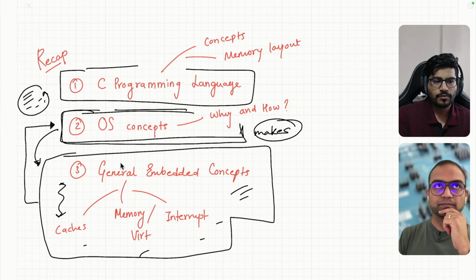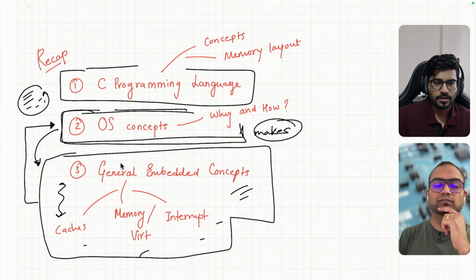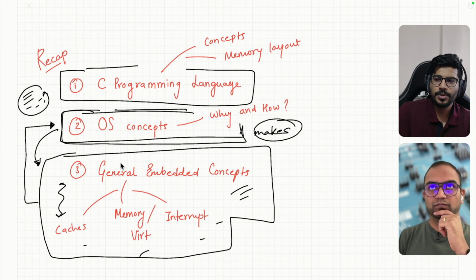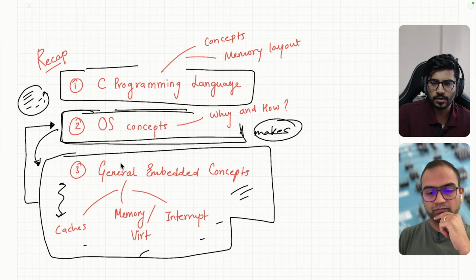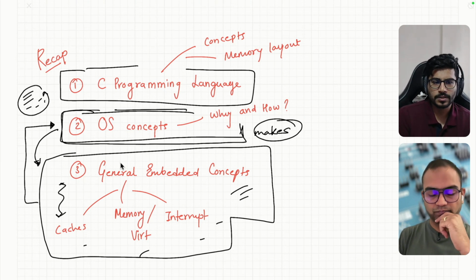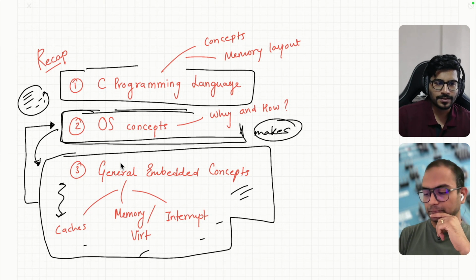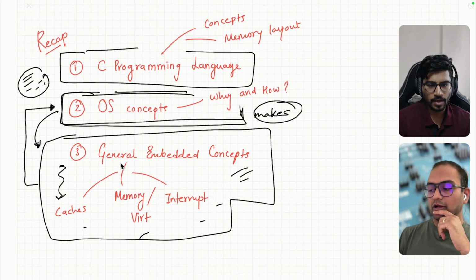For example, if you know about caches, memory, and atomic operations, the operations which have to be performed in a single go, it will naturally make sense when we talk about semaphores, mutexes, and certain atomic operations provided by the OS. So that's the change in order as of now.